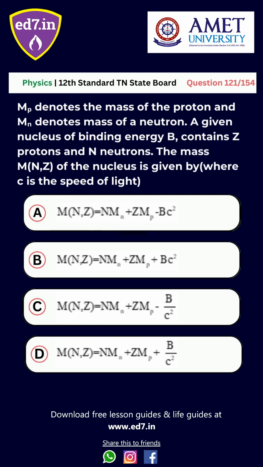The right answer is option C, M(N,Z) equal to N Mn plus Z Mp minus B by c square.